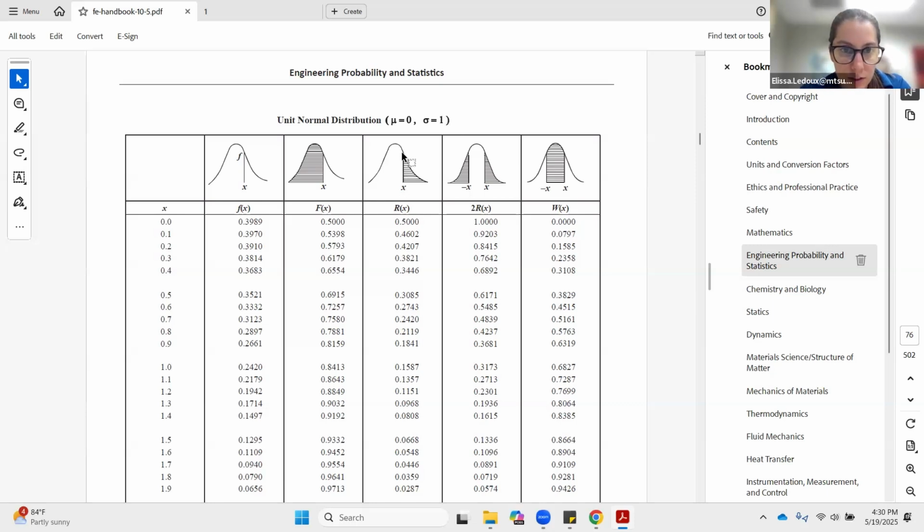And so it would actually look like this picture that's here for the R of X. We are looking at this positive X value, and coming over here, this tells us that 15.87% of the data falls above that value, which makes sense based on our knowledge of standard deviation.